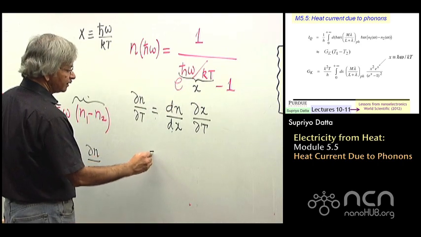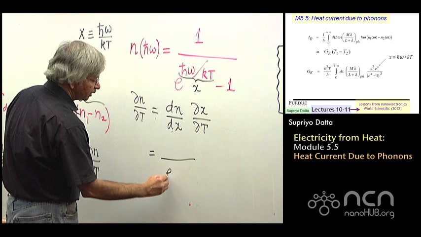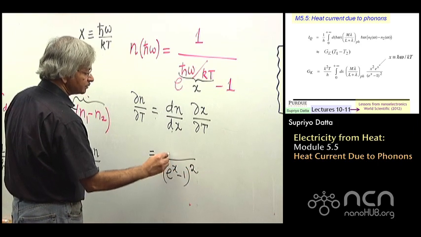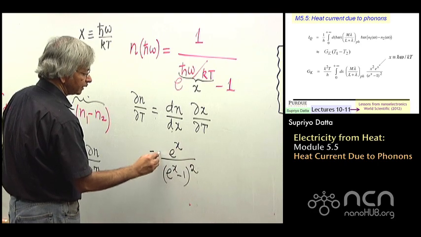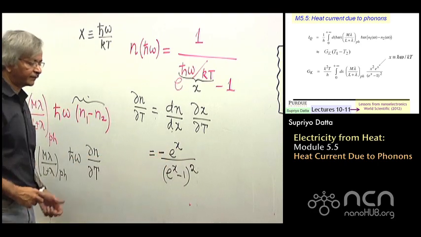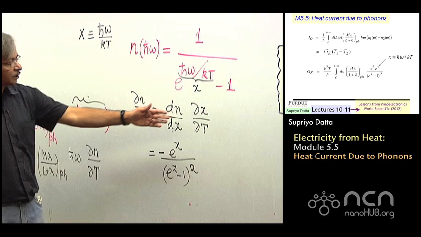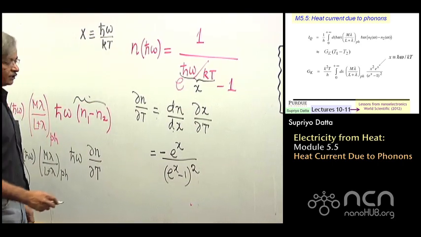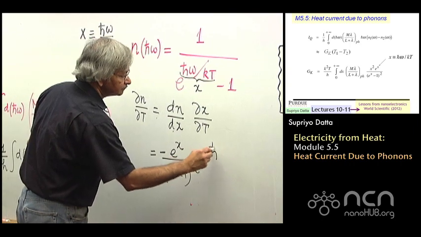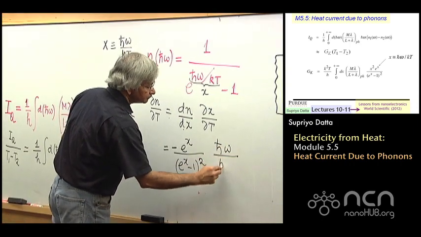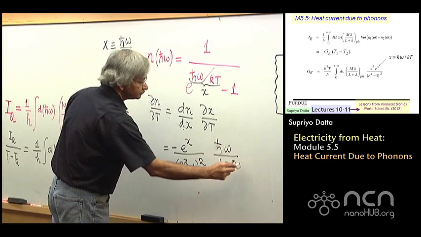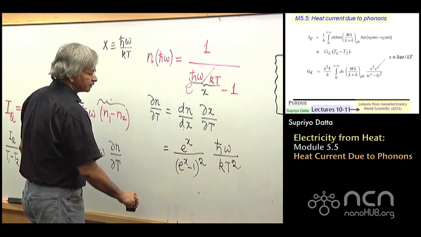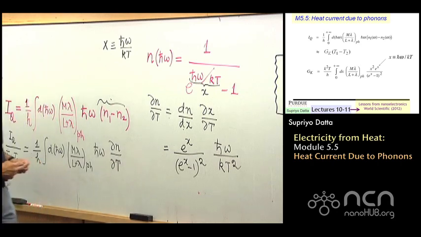So you can see easily it is like e to the power x over (e to the power x minus 1) whole square, with a minus sign. And the partial of x with respect to temperature, that's this h bar omega over kT square. And I think there'll be another minus sign there, which you can cancel with that. So this is what you'd get finally.